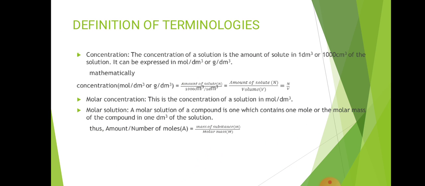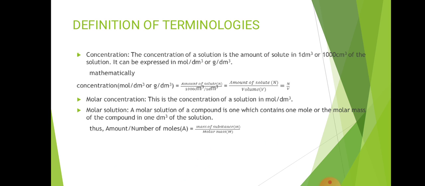Definition of terminologies. Concentration. Concentration can either be defined in moles per dm³ or in grams per dm³. Thus, concentration of a solution is defined as the amount of a solute dissolved in 1 dm³ or 1000 cm³ of that solution.